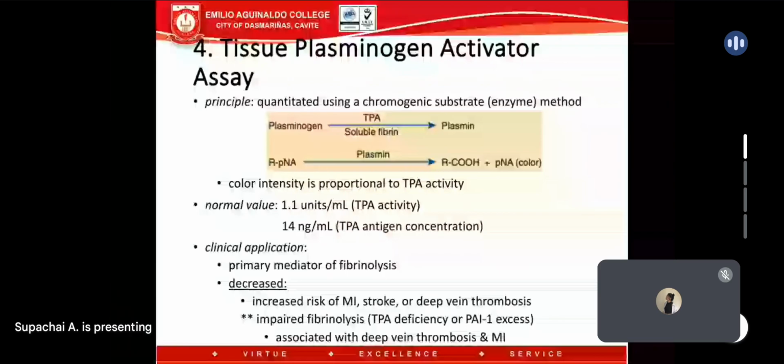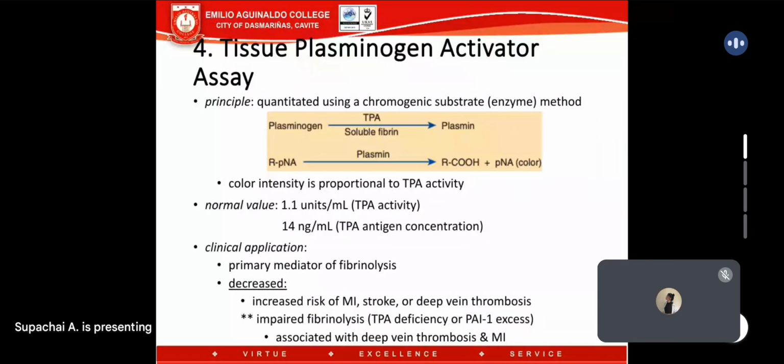So the principle of TPA is almost the same as the plasminogen assay, because you are also using the quantitative chromogenic substrate method. So the principle is plasminogen is acted upon by TPA and soluble fibrin to form plasmin.